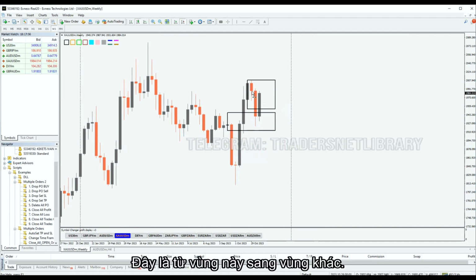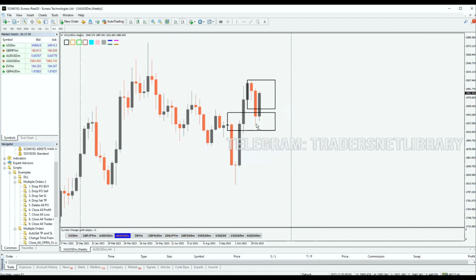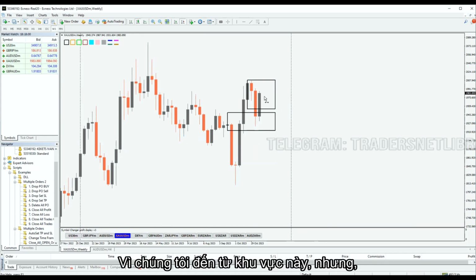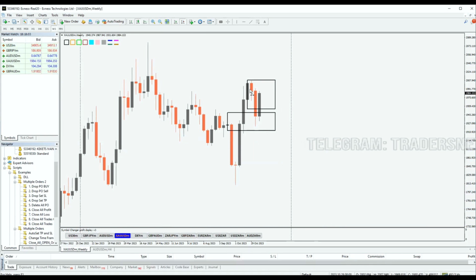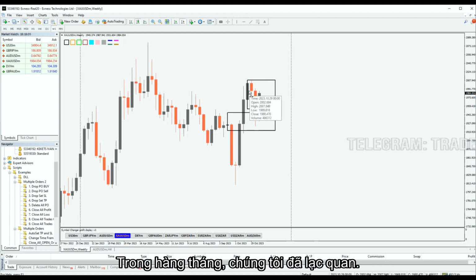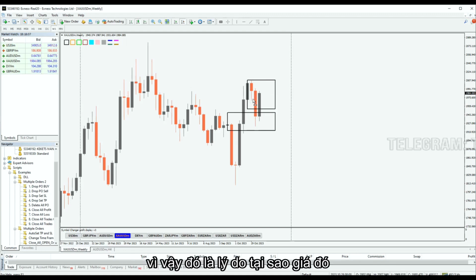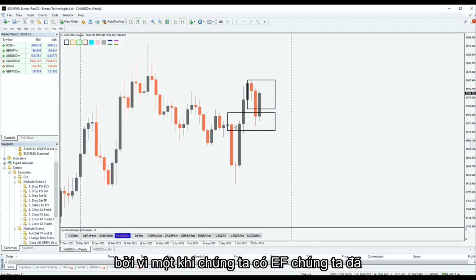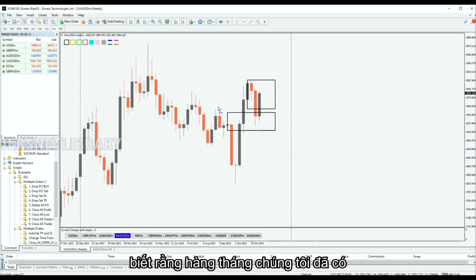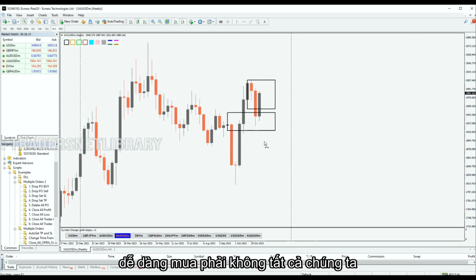So absolutely, this was from zone to zone. Since we were from this zone, in monthly we were bullish, so that's why the price was just going. In monthly we were bullish because once we have EF, we already know that monthly had EG buy, right?